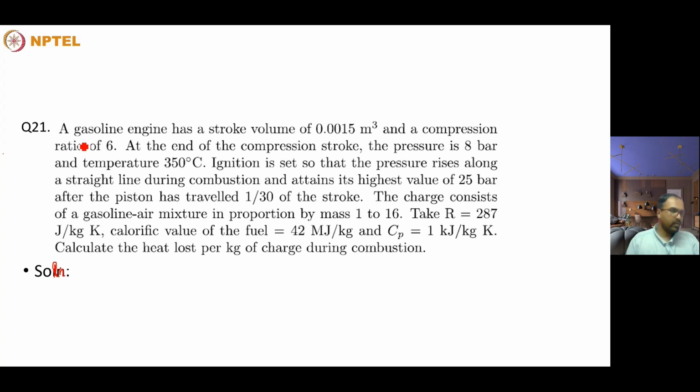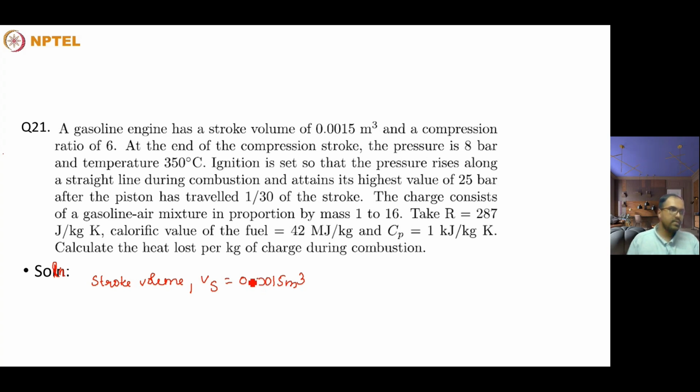So in this particular problem, the gasoline engine has a stroke volume of 0.0015 meter cube.